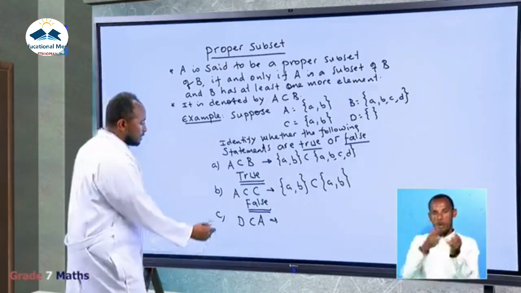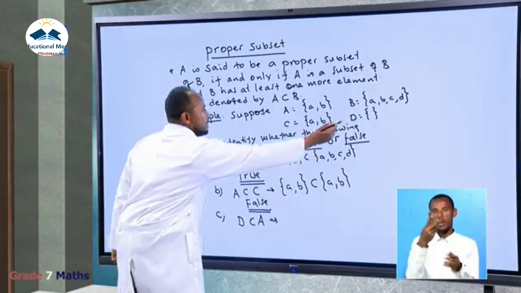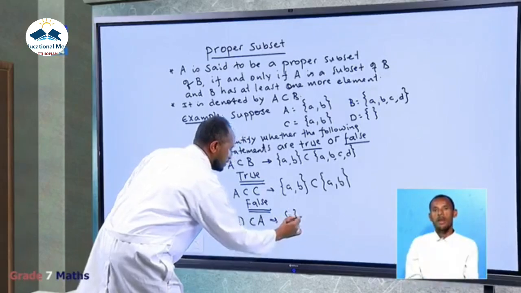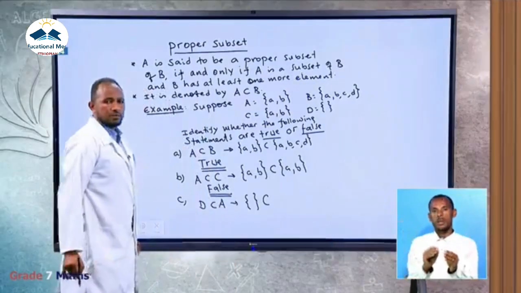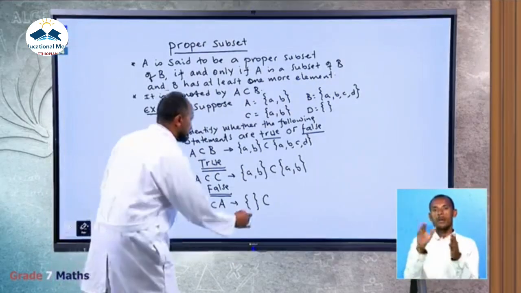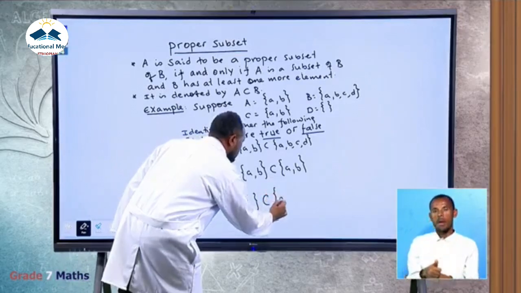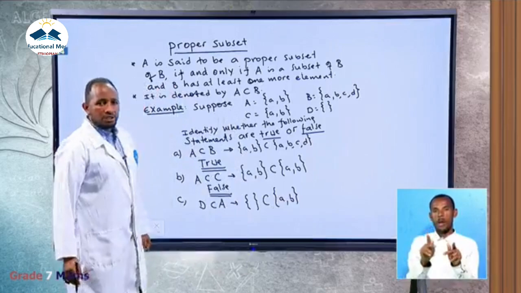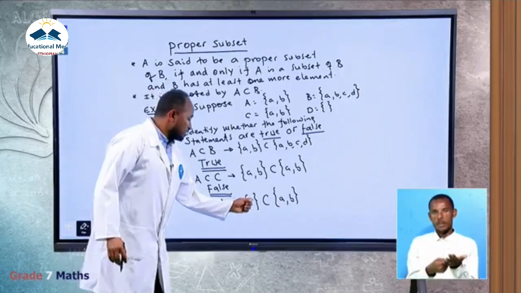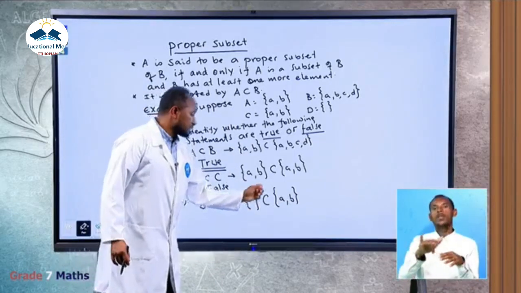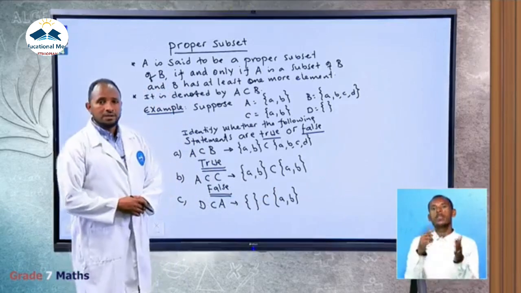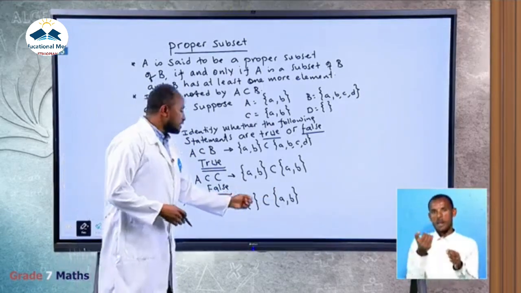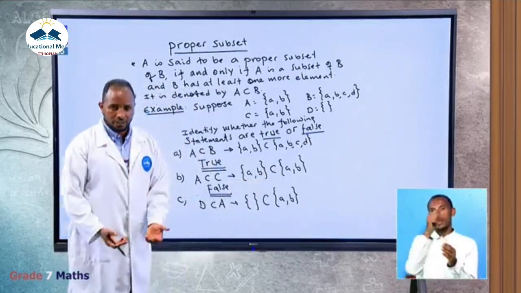So here, when you see set D, D has no element. It's empty. Is it a proper subset of set A, which contains the two elements A and B? To check this, first, is the empty set a subset of the second set? Yes, it is. We said earlier, the empty set is a subset of any set.